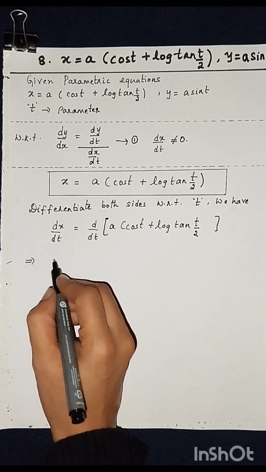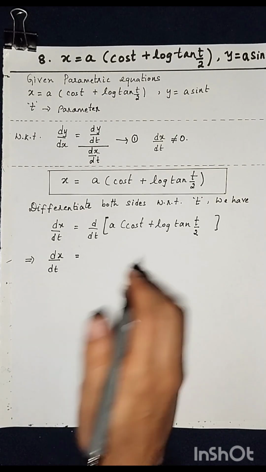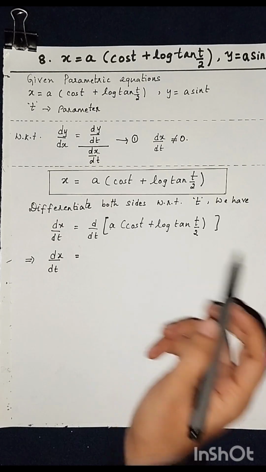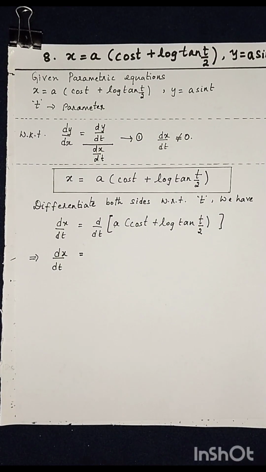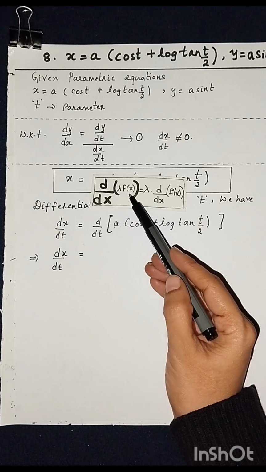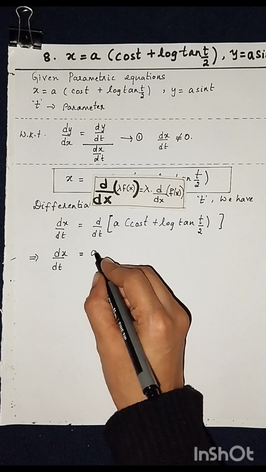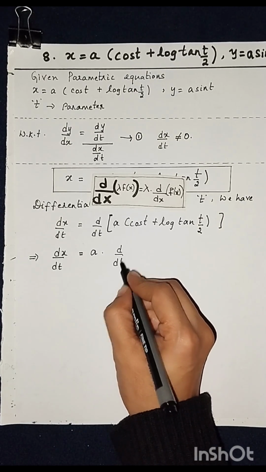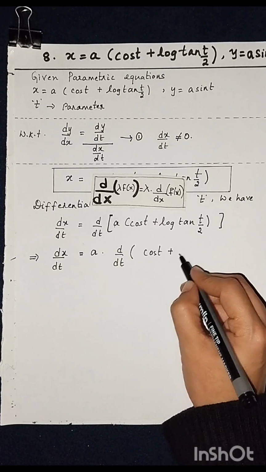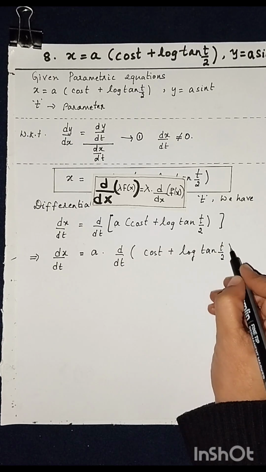Now this implies dx by dt is equal to, so here we have constant into function. Derivative of constant into function: we write the constant and differentiate the function, that is cos t plus log tan t by 2.